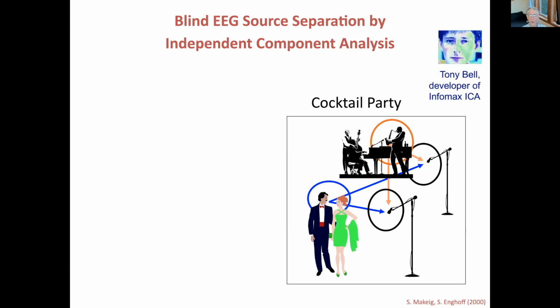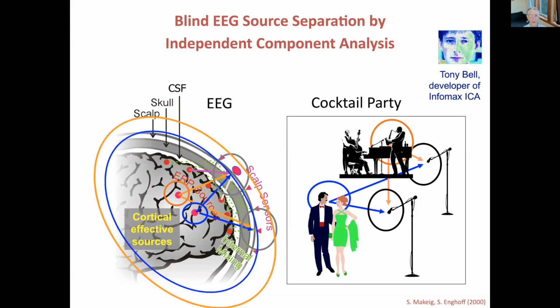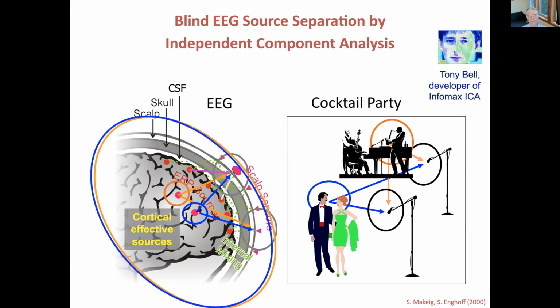I read that paper in preprint, the paper of Tony Bell and Terry Sejnowski, one late night, and the light bulb came on. I thought, well, if you have some sort of effective source in cortex, or multiple sources, and their potentials sum just like acoustic pressure does at the microphone, so they sum the voltages at the electrodes, then perhaps ICA applied to the EEG would find the time courses of the effective sources and their scalp projection patterns as well.